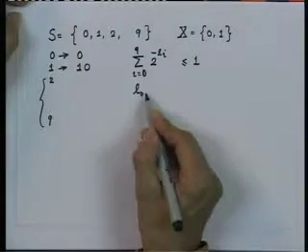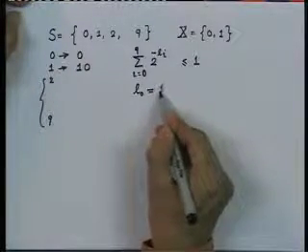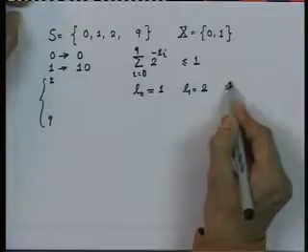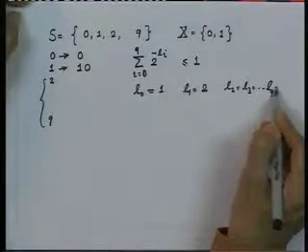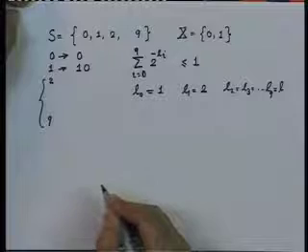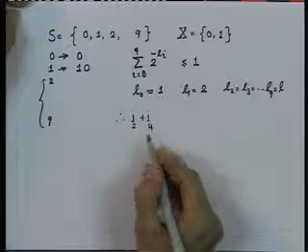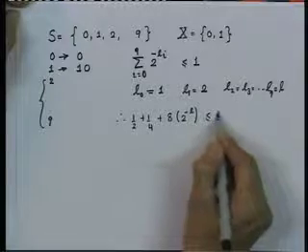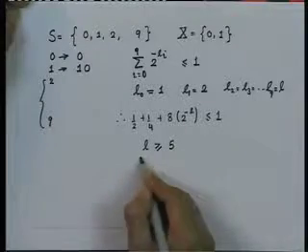Since we have made the assumption that the code word corresponding to symbol 0 is of length 1, so L0 is 1 and L1 is 2, and L2, L3 up to L9, the code word lengths for these code words, are equal, and let us say they are L. Therefore, I get half plus 1/4 plus 8 times 2 to the power minus L less than or equal to 1, and this simplifies to L is greater than or equal to 5.